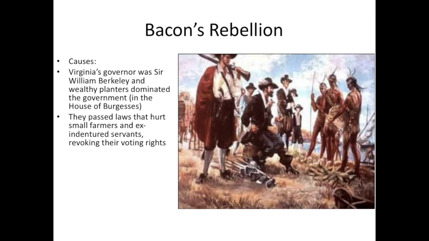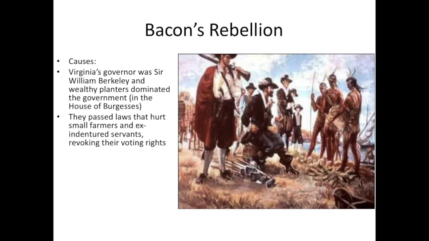So your small farmers, even if they earn enough money to buy a little extra land and maybe meet the old land requirement, well, the House of Burgesses is going to pass laws to make it increasingly hard to be rich enough to qualify to vote.